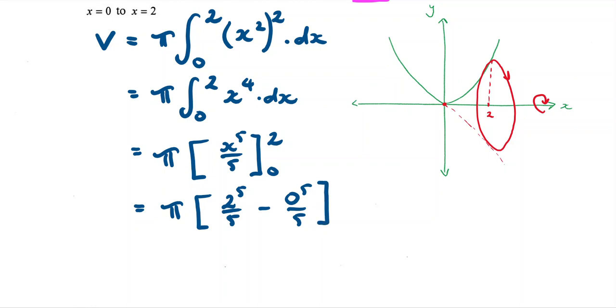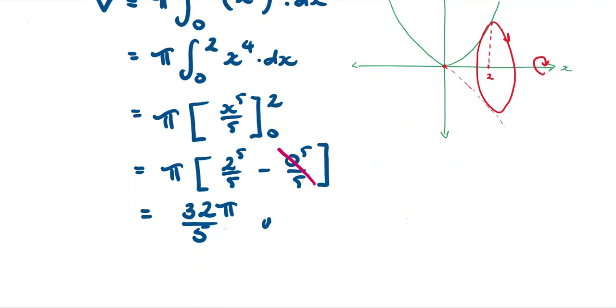So 2 to the power of 5 is equal to 32. The 0 here is not really going to do anything, so we're going to have 32 over 5 from that first fraction, and I'm just going to times the pi into that, so it'd be 32 pi over 5. Now because this is a volume, we're going to write after that units cubed.